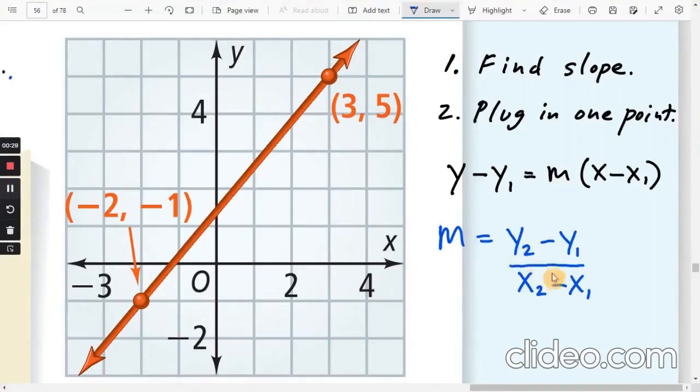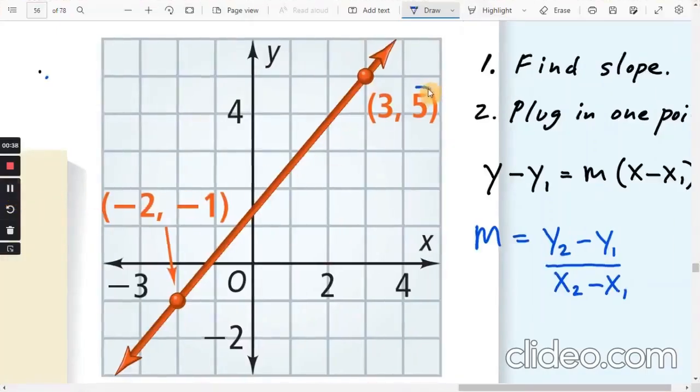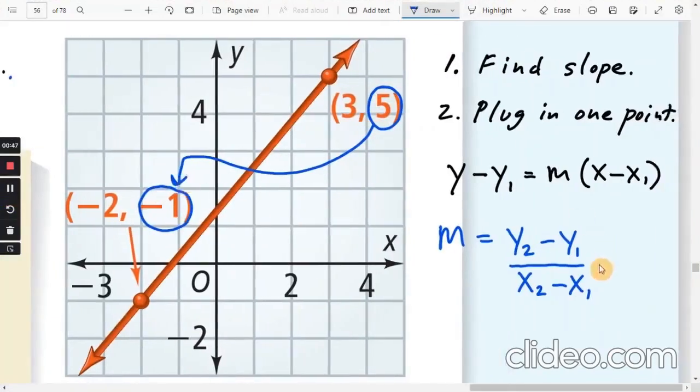So formula for slope, change in y over change in x. Y is the second number on the coordinates, so we're looking at the second number for the change in y. I'm going to do 5 minus -1. Change in y is going to be 5 minus -1, and then change in x is going to be 3 minus -2.